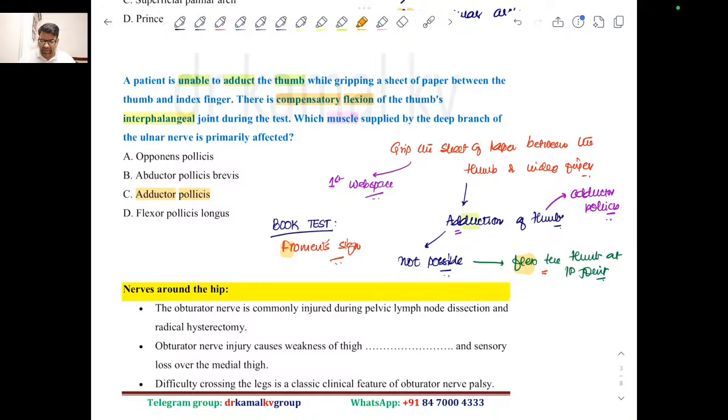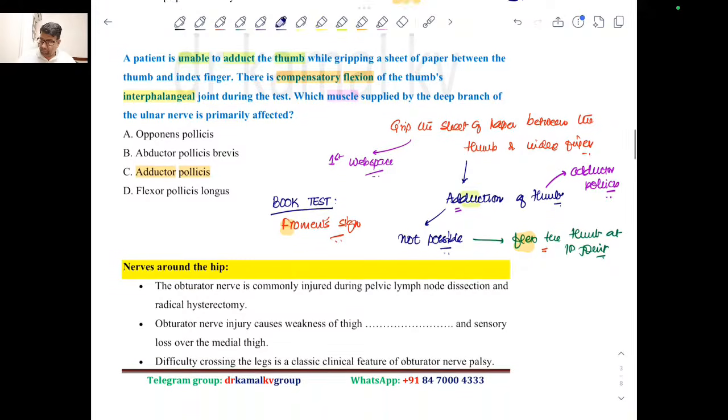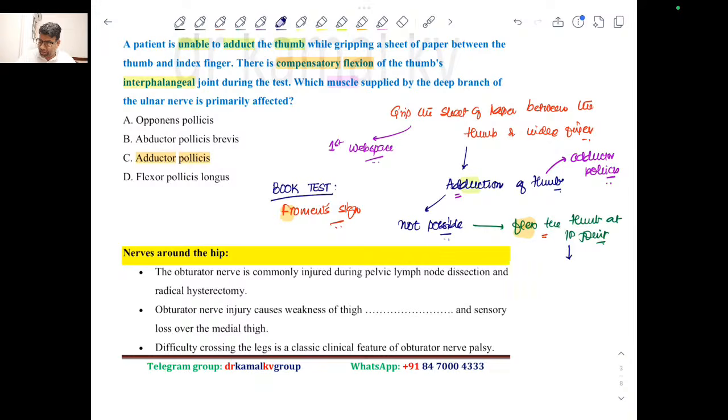right? So here the answer will be adductor pollicis muscle, which is supplied by deep branch of ulnar nerve, and if that muscle is paralyzed, or if the nerve is paralyzed, obviously the patient will be using some other muscle to hold the sheet of paper, and this muscle is actually flexor pollicis longus, okay, which is supplied by anterior interosseous nerve, which is a branch of median nerve.